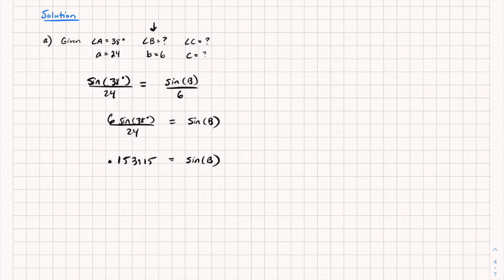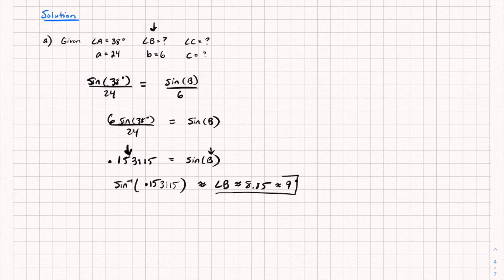And again, for the sine of my angle, there are two possible angles that can give me this positive number. The first answer can be given to me by using the calculator and doing inverse sine. We always find the first answer by doing this. So this is going to tell me that angle B is approximately 8.85, which I'm going to say is 9 degrees.